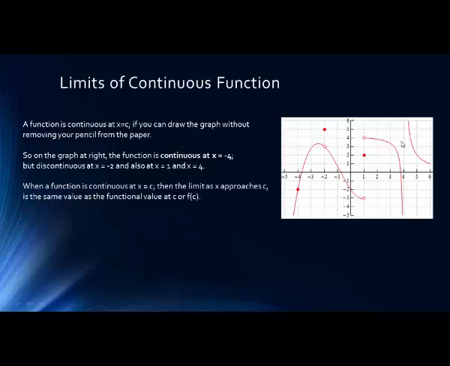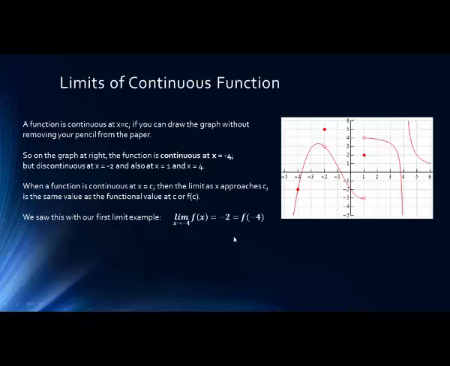When a function is continuous at x equals c, for example at -4, then the limit as x approaches c is the same as the functional value. So all this is saying is the limit as x goes to -4 equals f of -4, which is the value we put into that formula.